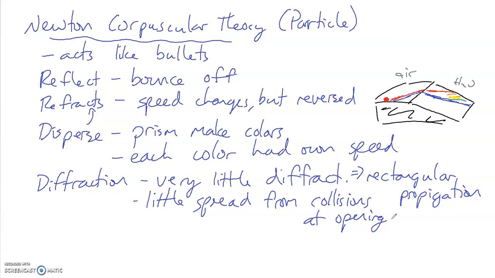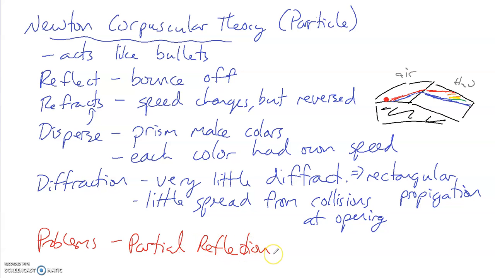Now, one of the other things that kicks in is some problems that he had, and there were a couple, but one of the things that he had trouble explaining was partial reflection. Like when light hits barriers, even when we go back to that simulation we did with refraction, when light hit the barrier, some would reflect, some would refract.